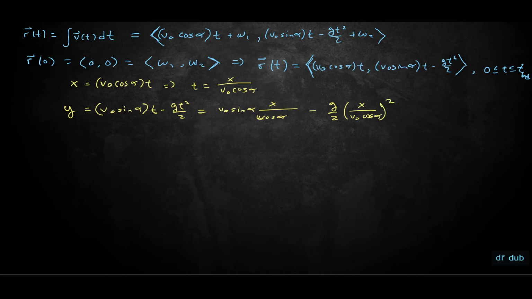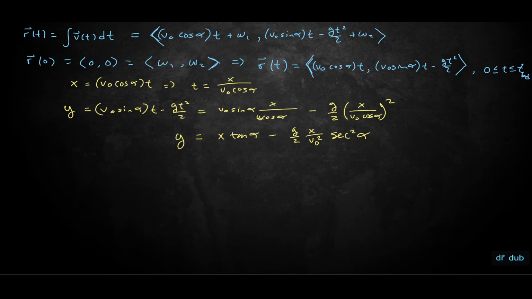And I can simplify that a little bit. I can call it x times tangent of alpha. So there's a real world application of the tangent function, minus g over 2 times x over v0 squared secant squared alpha. So there's a real world application of secant.